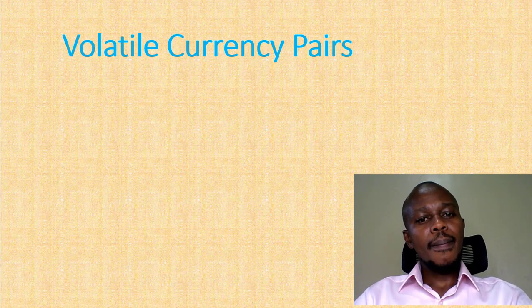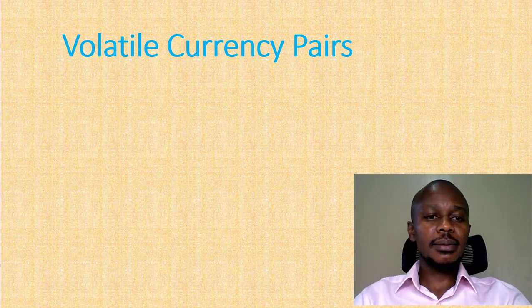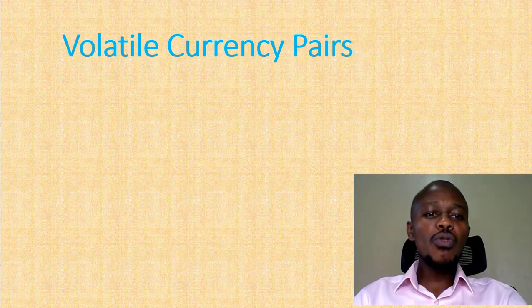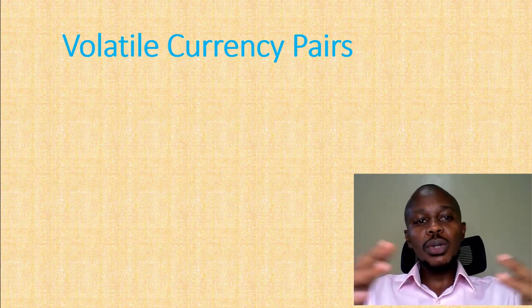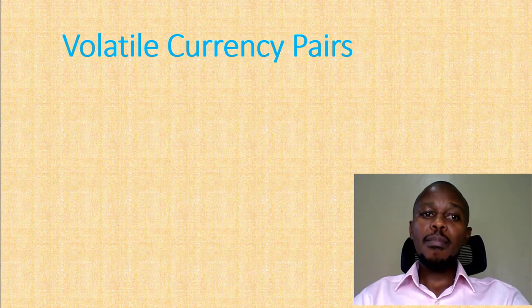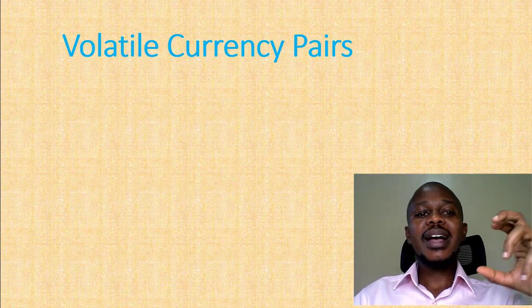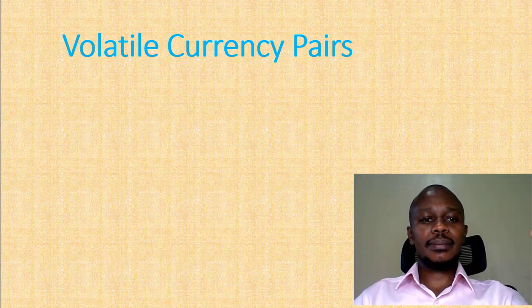And many people look at these movements as opportunities. I would want to move into the volatile currencies so that I can benefit from the large price movements. But the reverse is also true. The larger the price movements, the higher the risk.